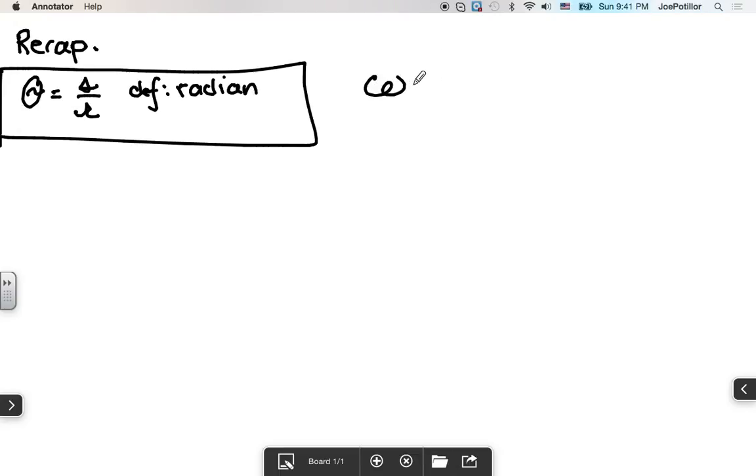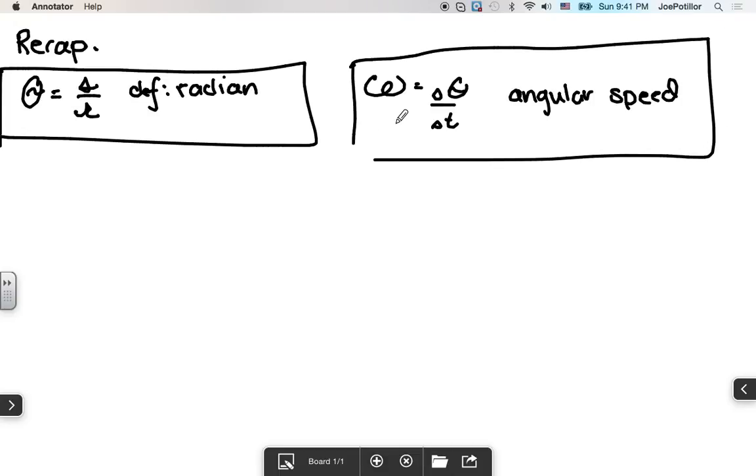Remember, this is the Greek letter omega, and not to be confused with W. We define angular speed.